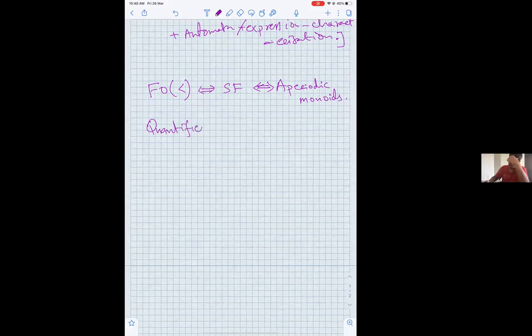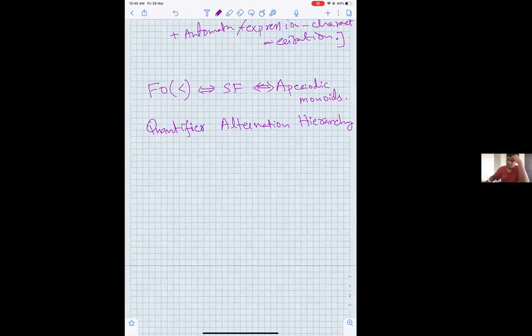Quantifier depth is not a good parameter because it doesn't have much significance in monoids. So alternation. Yes, alternation. Who said that? Dhruv? Yeah. All right. Quantifier alternation hierarchy. What is this?